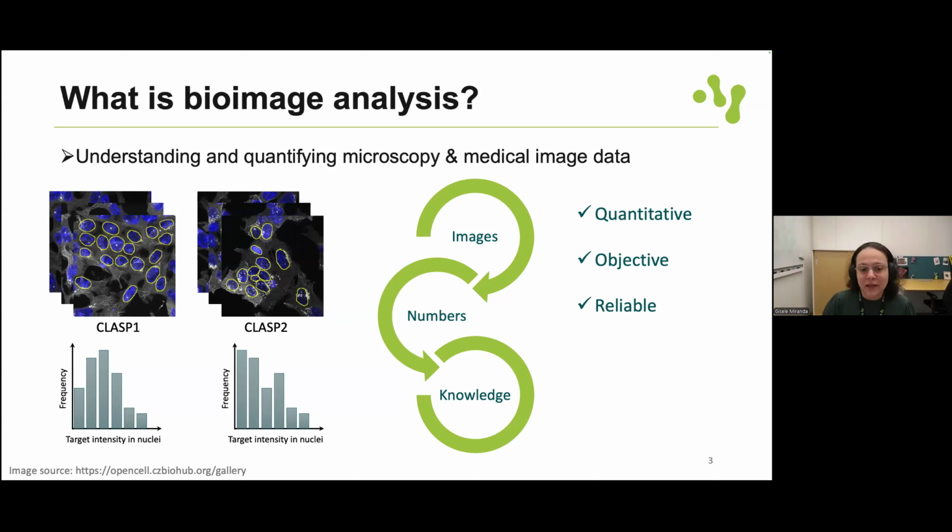And it's reliable because the method you are using to measure meets your goals, your objective. It's repeatable. So if you repeat the experiment with the same images, you should be able to get the same results. And reproducible. So if someone else is also doing a similar analysis from other samples of the same proteins, they should also reach the same results, right?